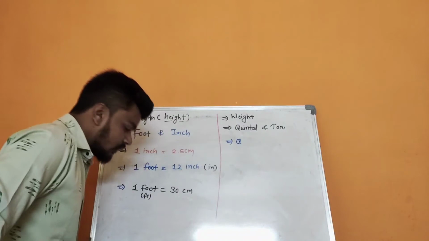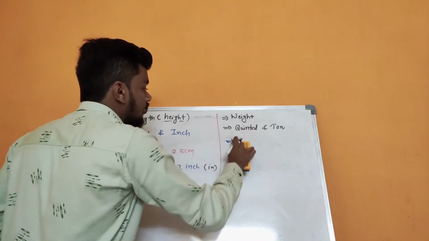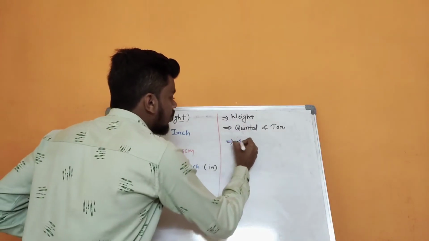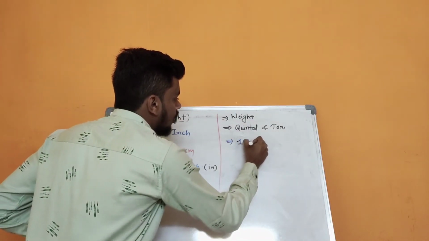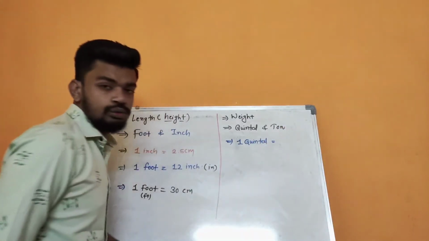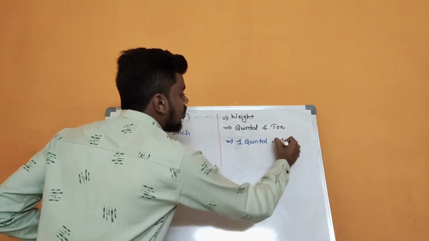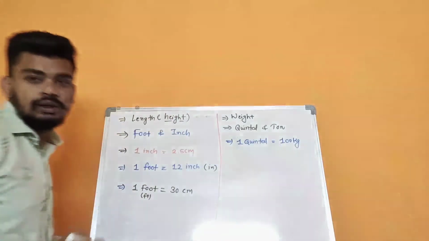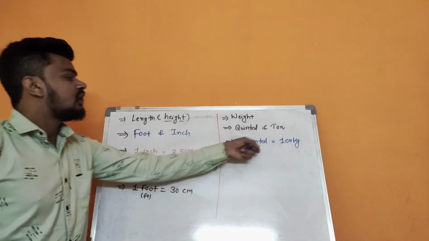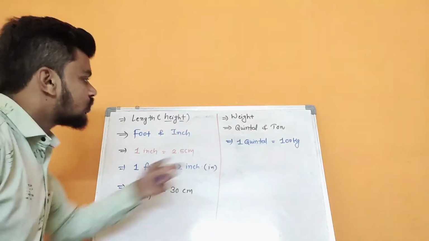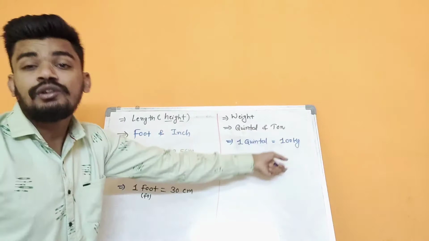So 1 quintal we can write as 100 kg. 1 quintal is equal to 100 kg. As you can see, this is a bigger unit than the kg.